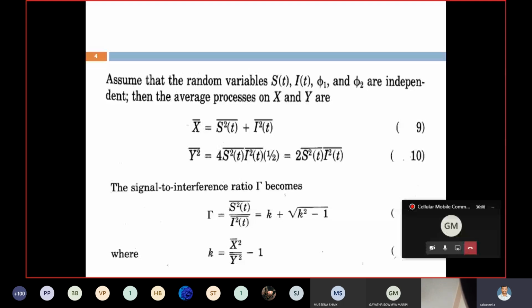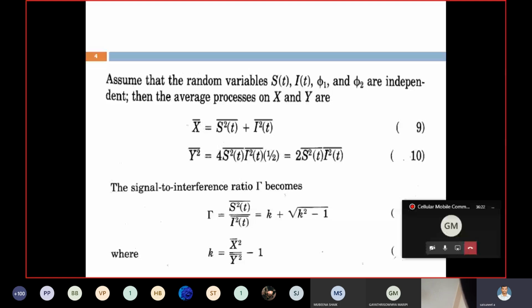Now I have to calculate the signal to interference ratio. The signal to interference ratio, nothing but carrier to interference, is equal to, from this, I of t, which is nothing but interference, s square of t bar divided by I square of t bar.